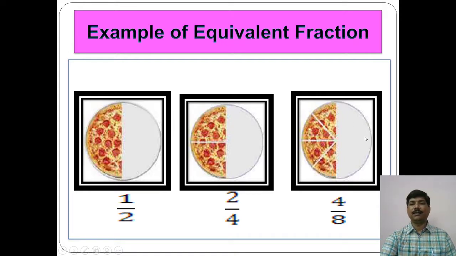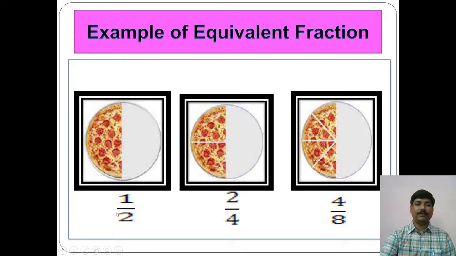In this case, we can write these parts 1, 2, 3, 4. We can do the four other parts on the blank side. So the total whole will be divided into 8 equal parts, and 4 parts are taken. So we can write in fraction form 4 upon 8.